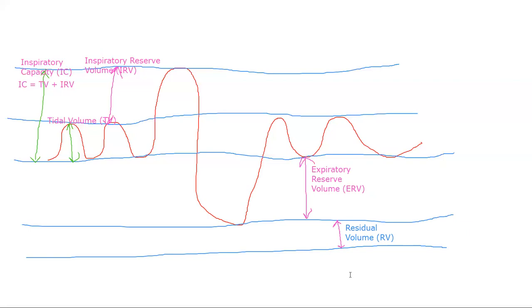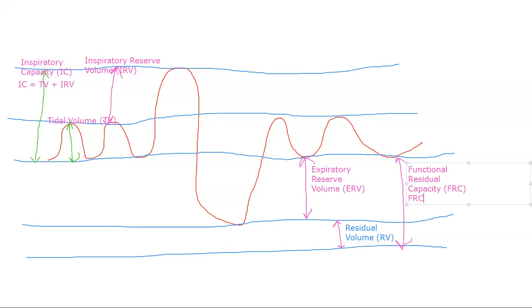So we don't want that to be a lot. We want to get as much air out as possible, but there's always a little bit left in there. That's residual volume. Okay, if we combine those two, that's called functional residual capacity.